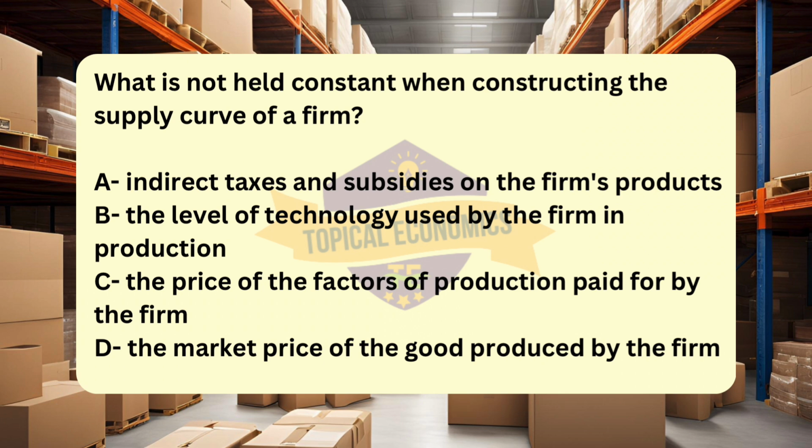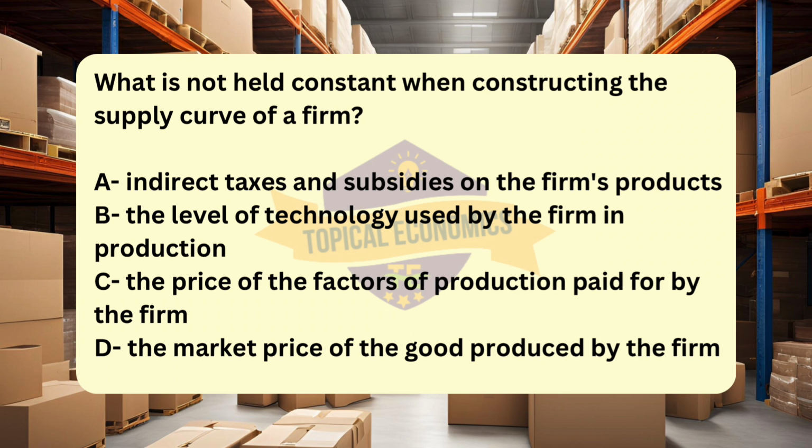On the other hand, the following factors are held constant when constructing a firm's supply curve. Option A. Indirect taxes and subsidies on the firm's products are assumed to be constant because changes in taxes or subsidies would shift the entire supply curve. Next, option B. The level of technology used by the firm in production.